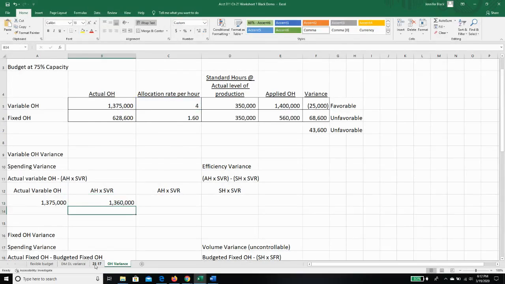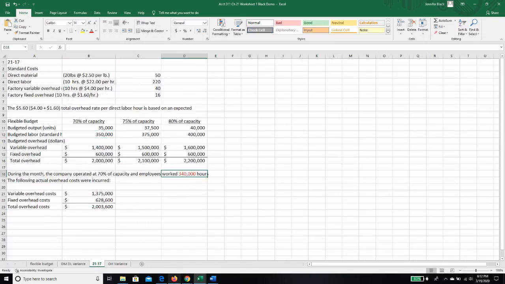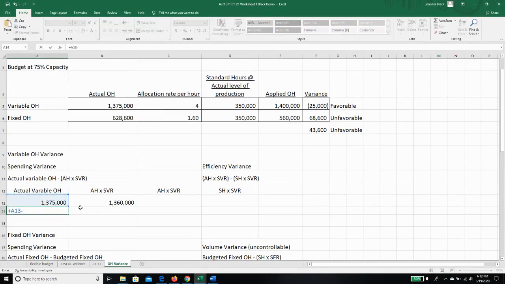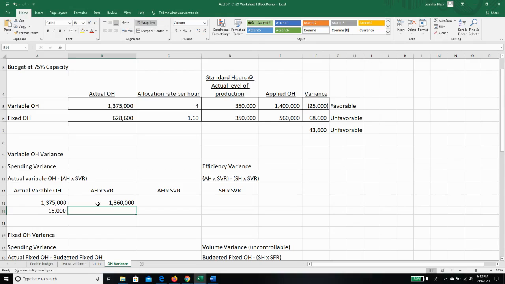Okay, and I got that 340,000 from right here. So our total variable overhead spending variance is this minus this, 15,000 unfavorable. So this is an unfavorable variable overhead spending variance.